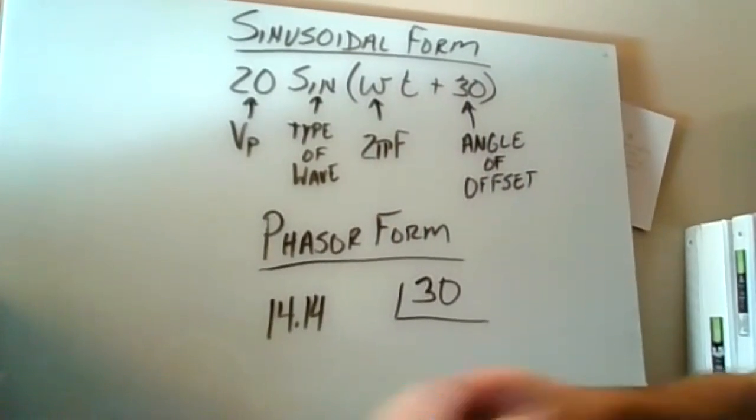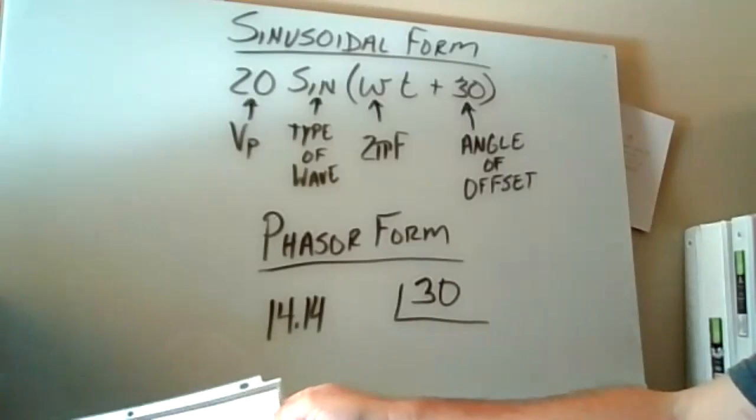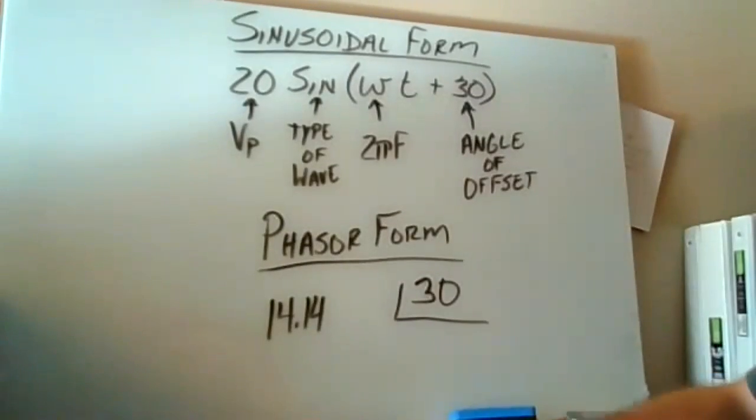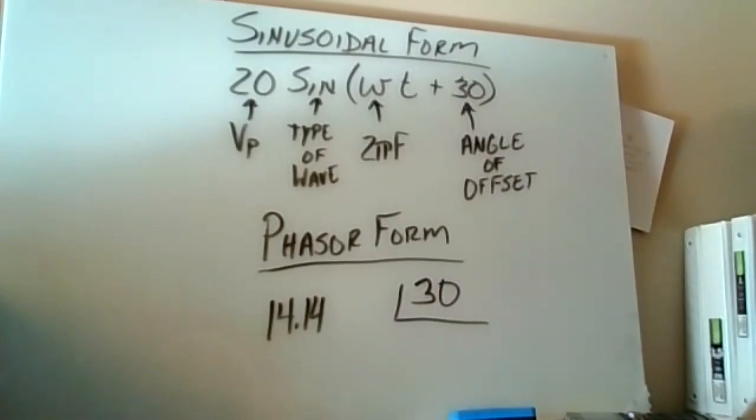Okay, and as we move along, which we will do here shortly, you will see where this 2 pi f comes into account. Okay, and what that is, that is actually your angular velocity, but we're not going to worry about that.